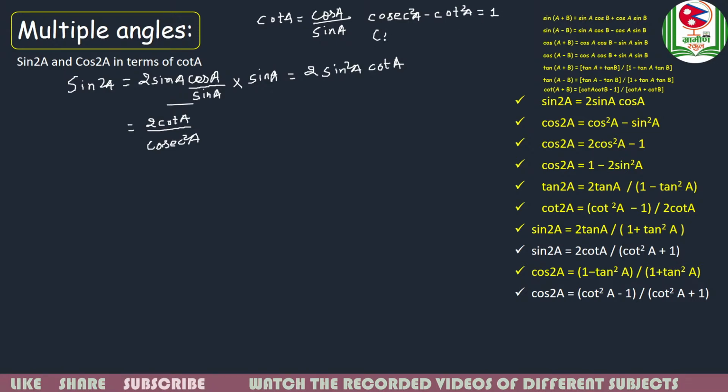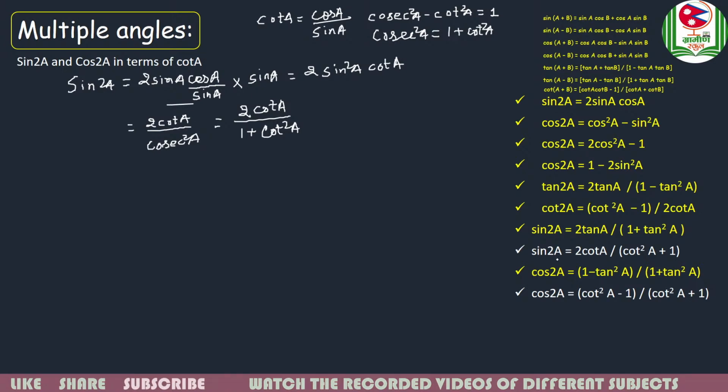And here cosec square is equal to 1 plus cot square A. So cosec square A can be written first we will write 2 cot A and then replace this cosec square A by 1 plus cot square A. So our result is going to be 1 plus cot square.